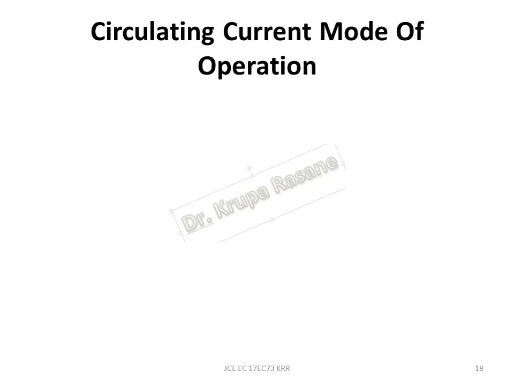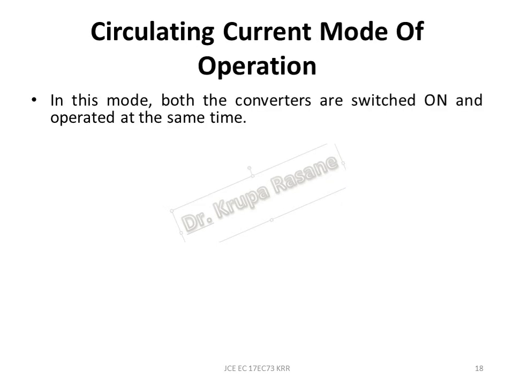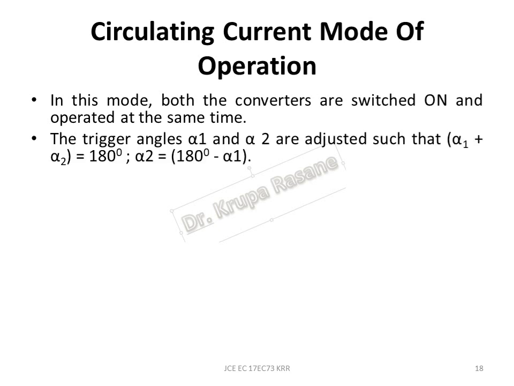Then coming to the circulating current mode of operation. In this mode of operation, both the converters are switched on and operated at the same time. In this case, the trigger angles alpha 1 and alpha 2 are adjusted such that alpha 1 plus alpha 2 is 180 degrees, and alpha 2 is therefore 180 degrees minus alpha 1.